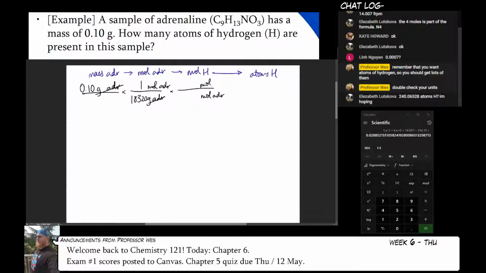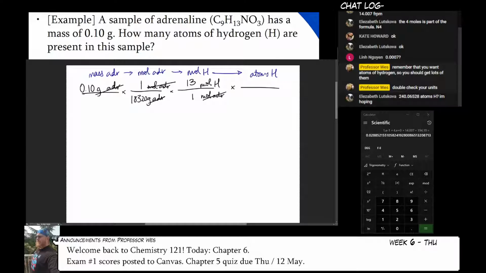We can do moles of hydrogen. In 1 mole of adrenaline, how many hydrogens are there? Well, according to the chemical formula, there are 13 hydrogens in 1 molecule of adrenaline. So there must be 13 moles of hydrogen in 1 mole of adrenaline.